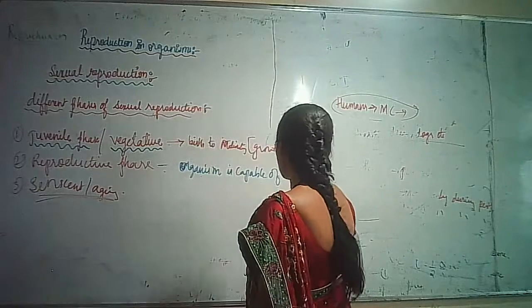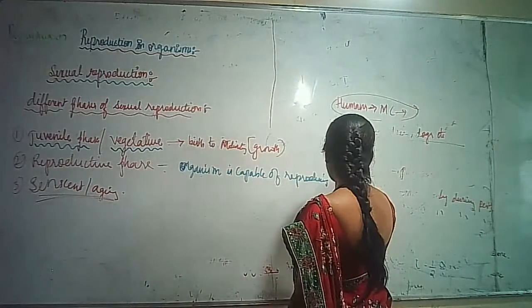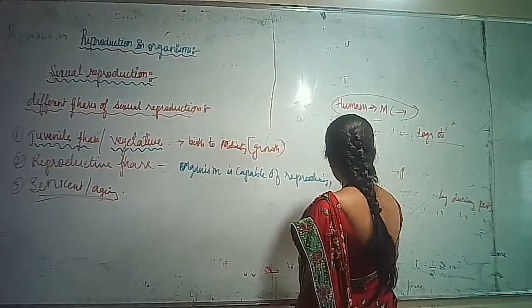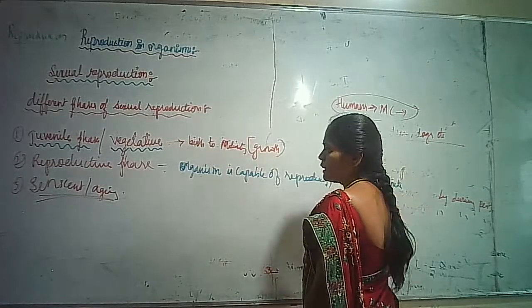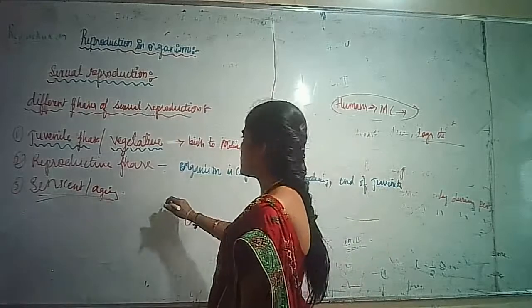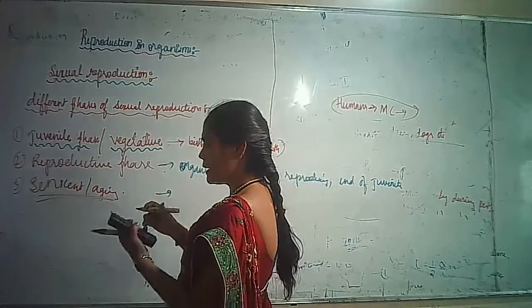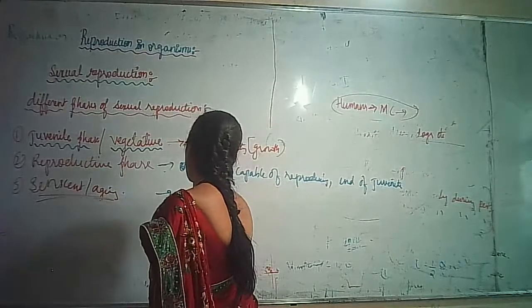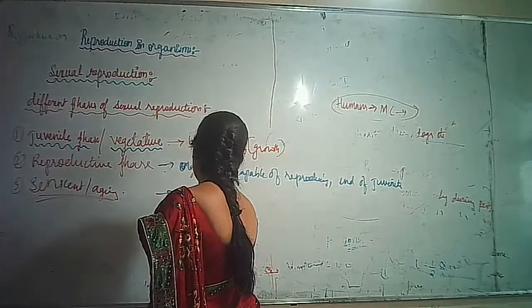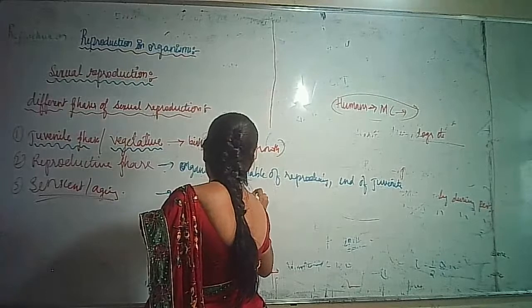The reproductive phase begins at the end of the juvenile phase. What about the senescent phase? Senescence begins with the end of the reproductive phase, where the organism is unable to reproduce.